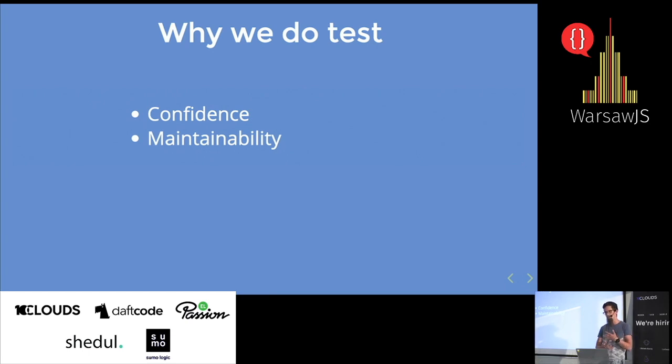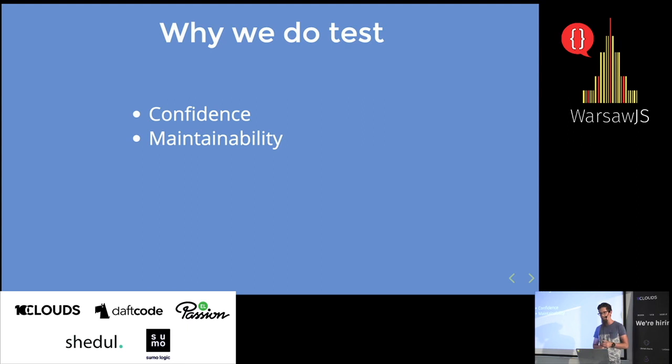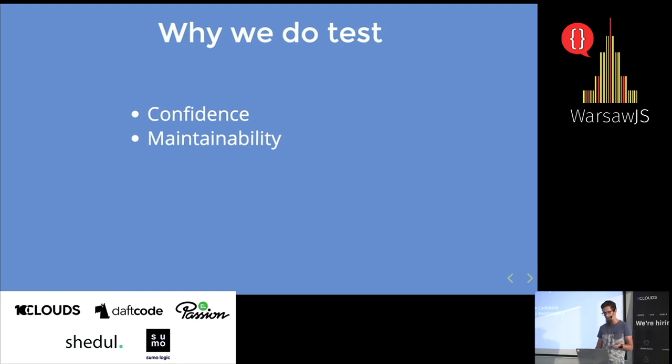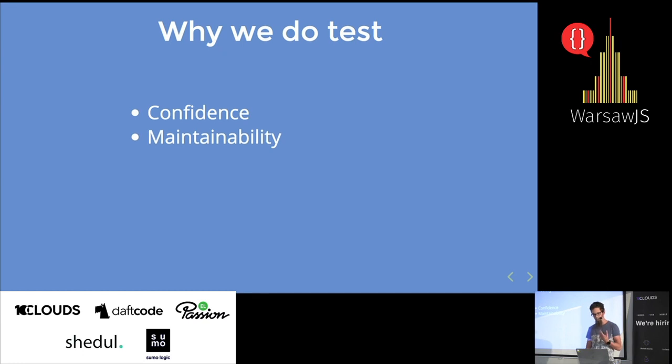If we want to refactor it, we won't be afraid to do so. If anyone here was ever afraid to touch some code, it might have been because it wasn't tested well enough. So testing can prevent that.